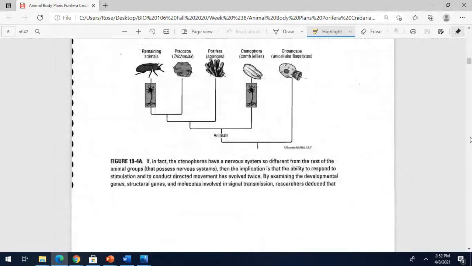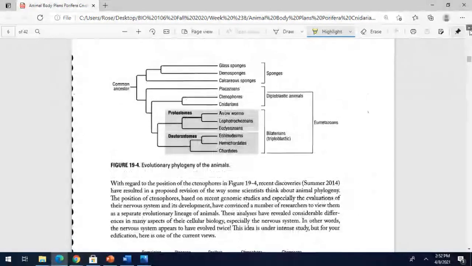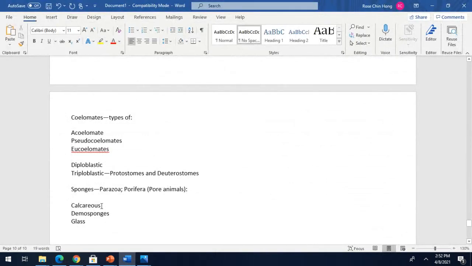It's kind of hard remembering this stuff, especially when I have to go between books. Okay, so glass sponges, most sponges, calcareous sponges. I just flip it around, so it's still the same. All right, put it in so that you guys just don't mess it up.